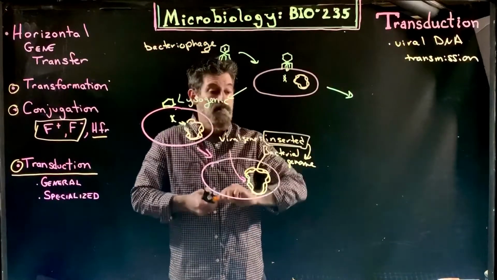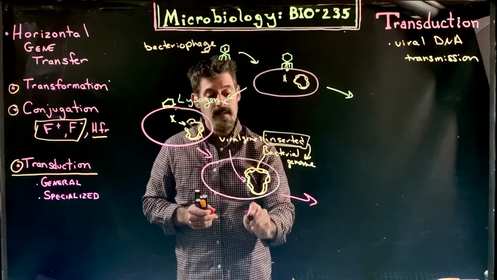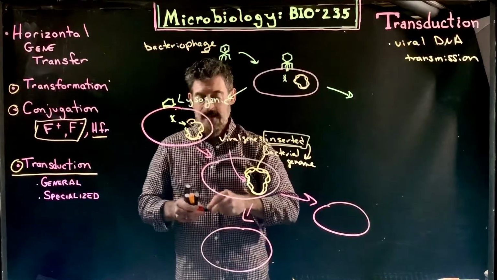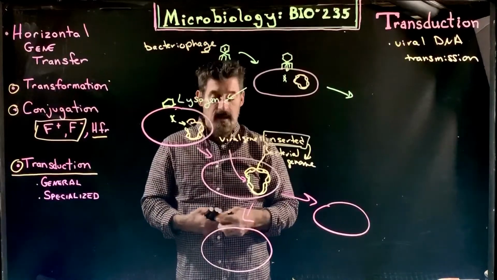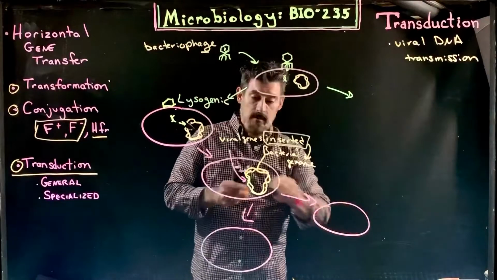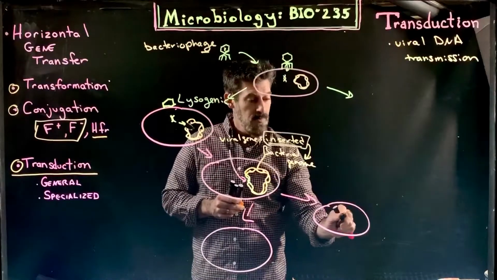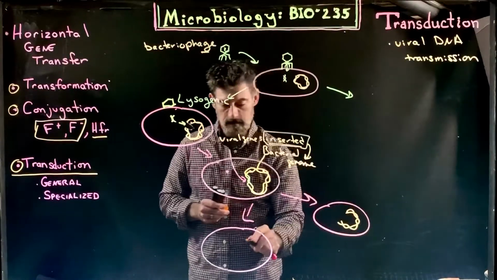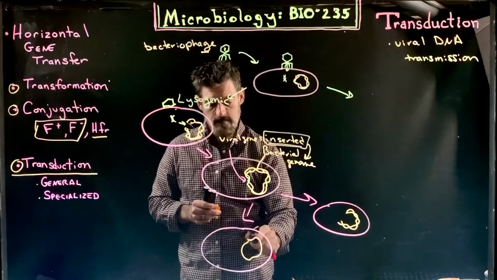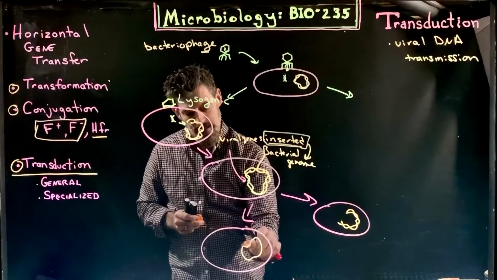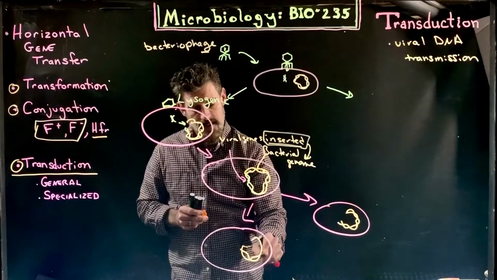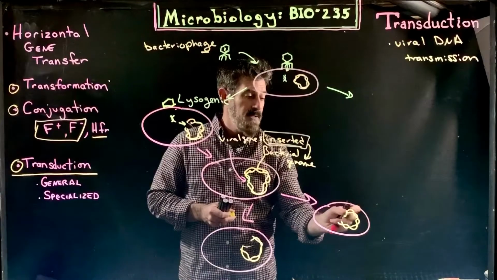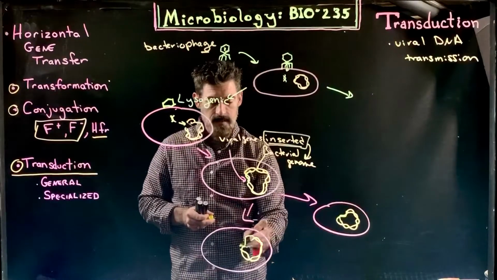This cell then may just go on about its business and divide into two new cells. When it does, DNA replication will occur. And when that replication occurs, it'll replicate the entire chromosome, which includes the viral genes. So you're going to get viral DNA replication occurring just as the bacterial DNA is being replicated.